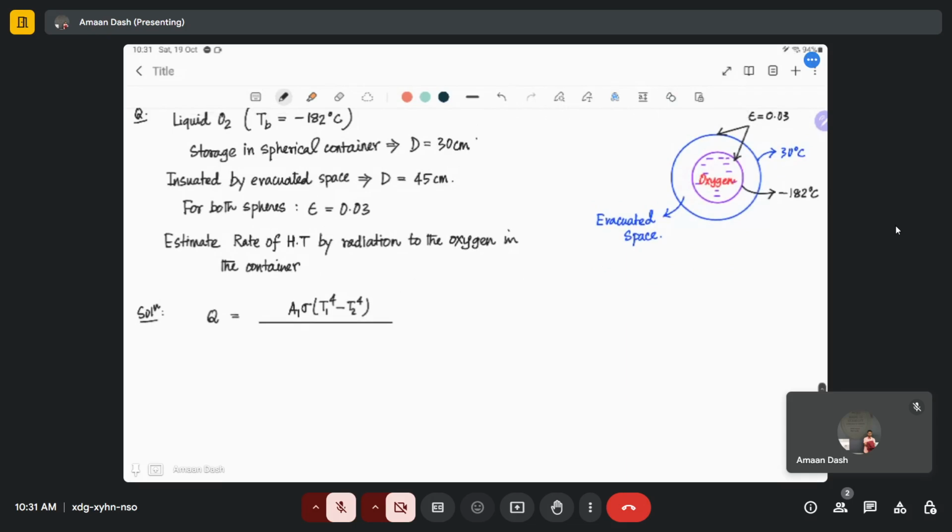The first will obviously be 1 minus epsilon 1 divided by epsilon 1, then plus 1 divided by F12, plus 1 minus epsilon 2 divided by epsilon 2, but here we will be multiplying with the area ratio, so we will have A1 by A2.